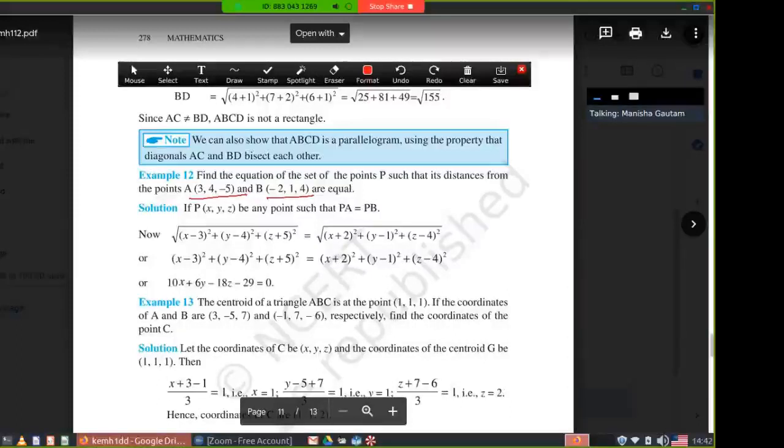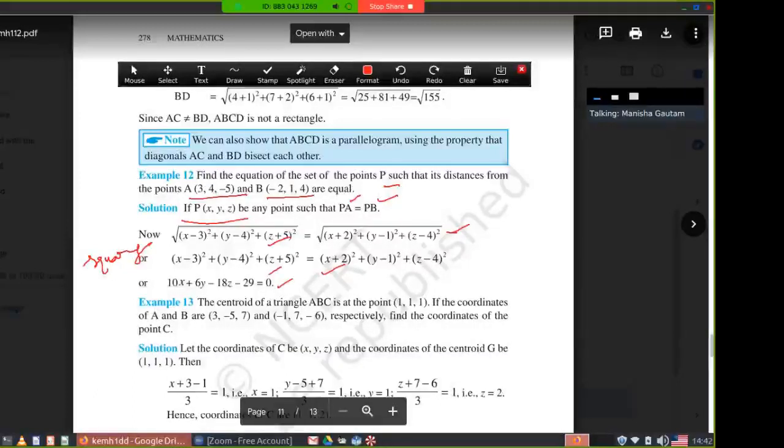Only that difference is there. P is taken as any point having coordinates x, y, z. The distances from P to A and P to B are equal. Both distances you calculate and equate them. Now you have to eliminate the square root sign, which means squaring both sides. Square roots are cancelled, and simplifying the statement, you will get the answer.